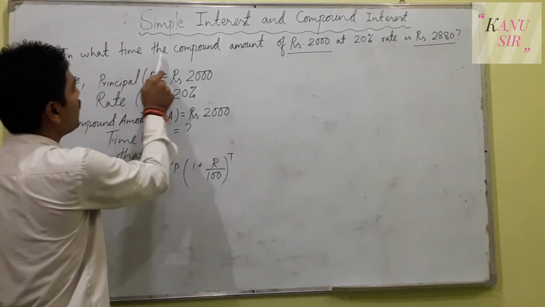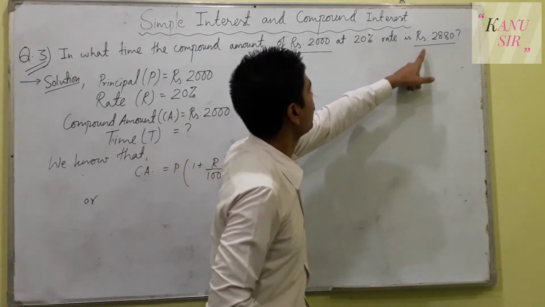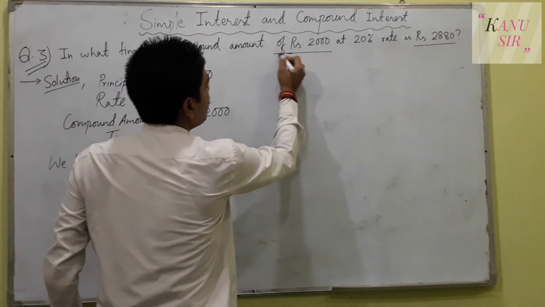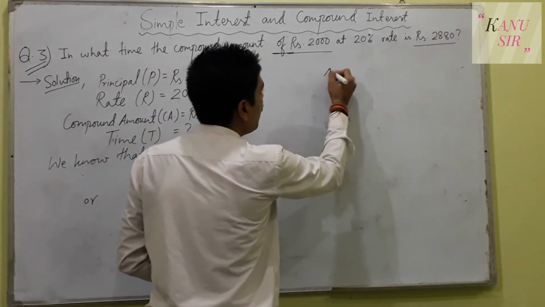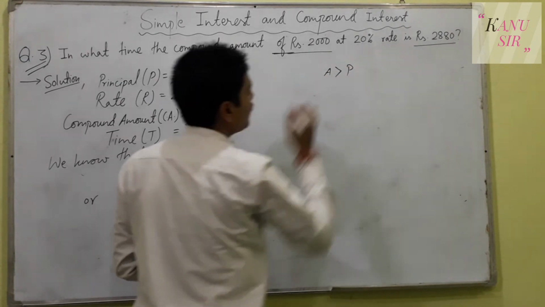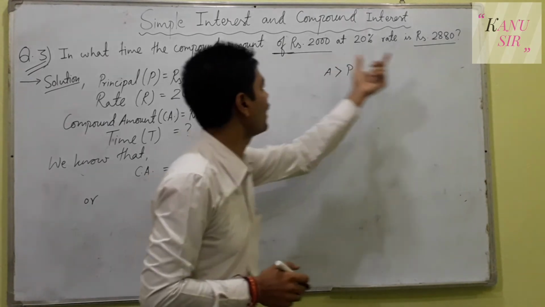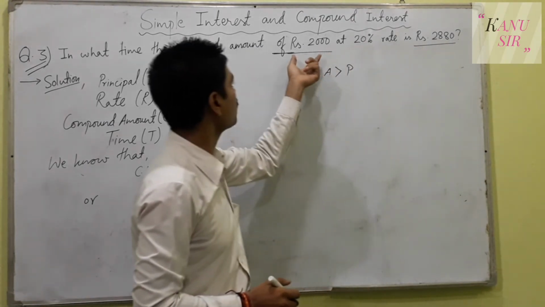So we found two items here. Now in what time the compound amount of rupees 2000 at 20% rate is rupees 2880. So of rupees 2000 means this is the principal, and one more thing you must remember, amount is always greater than the principal. So here are two almost similar type of values, just there is a difference of 880 from 2000.